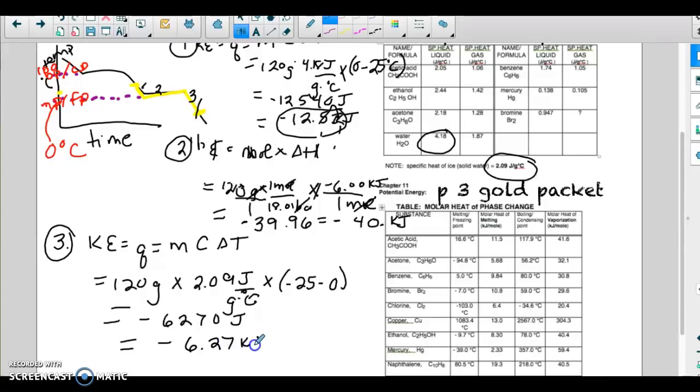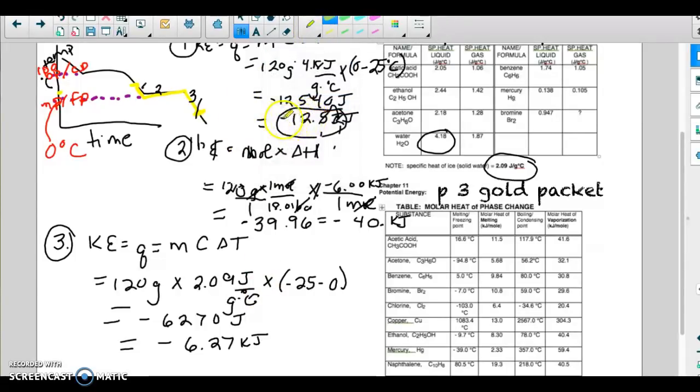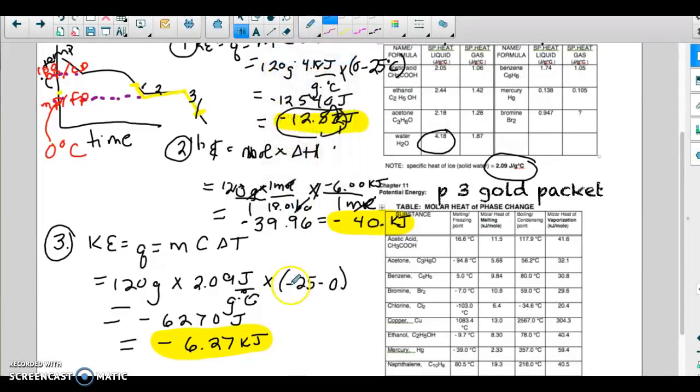Converting that to kilojoules would be negative 6.27 kilojoules. So to calculate the total energy, I am going to add and make sure they're all in the same unit. And in this case, they're all in kilojoules. Add those 3 numbers together. That will be how much energy is released in this case.